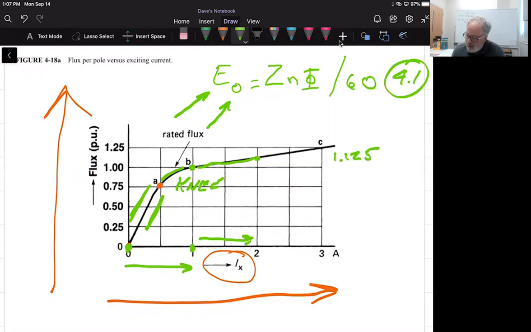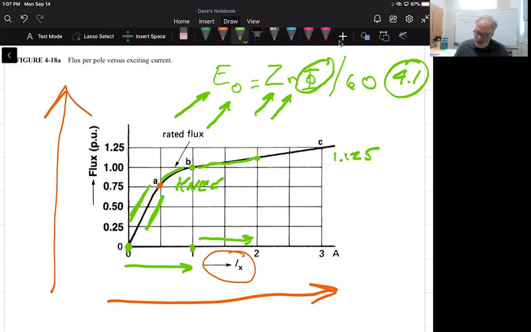So if I say, of course, the Z number, that's the number of conductors, I can't change that. And let's say that the speed is constant. So really, what I'm looking at is an altering of the amount of flux that we have. That's the only thing changing.